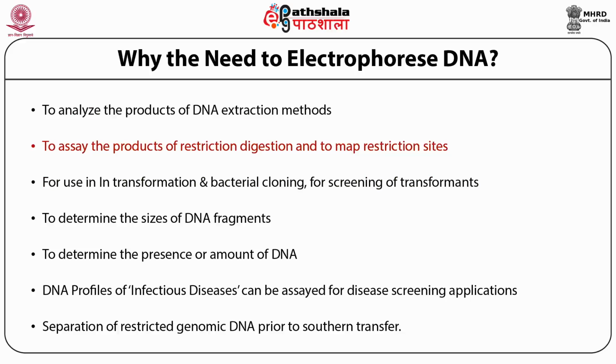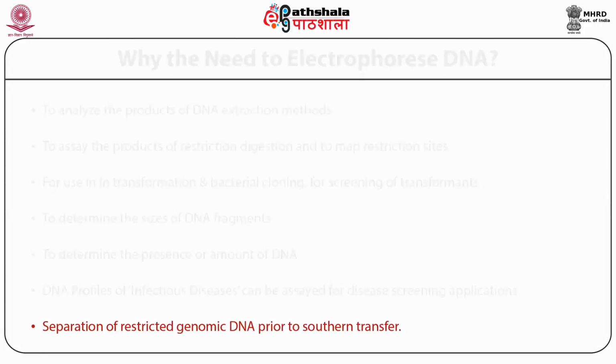Analysis of restriction enzyme digestion products to visualize the fallout or a drop seen post-digestion. In human genomics, restriction enzyme mapping where restriction fragment length polymorphism is used, agarose gel electrophoresis can be employed. DNA profiles of infectious diseases can be assayed for disease screening applications. And lastly, separation of restricted genomic DNA prior to the Southern blot experiment.